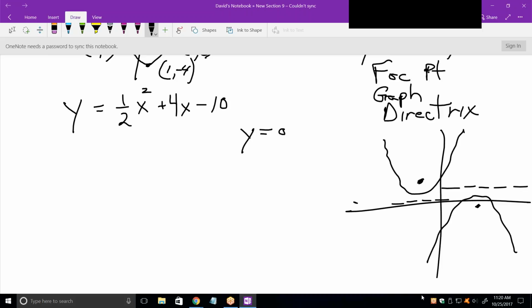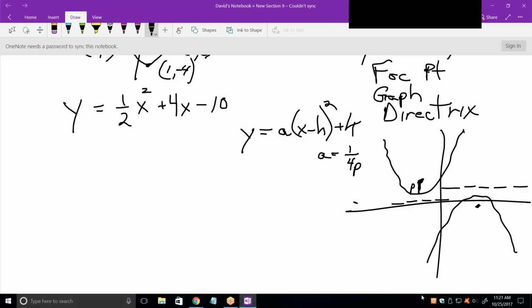Here's the vertex format for a parabola. If I tell you that a equals 1 over 4p, which is a true statement, p being the focal length, this distance right there, that's p.